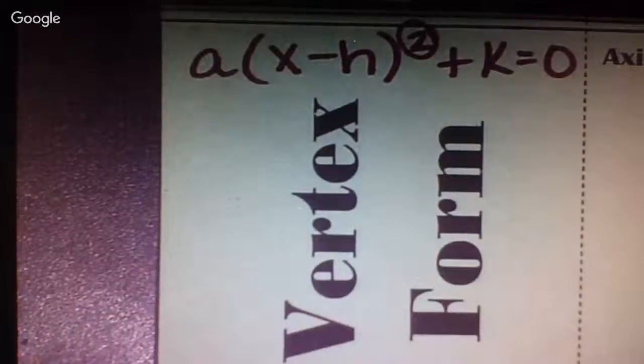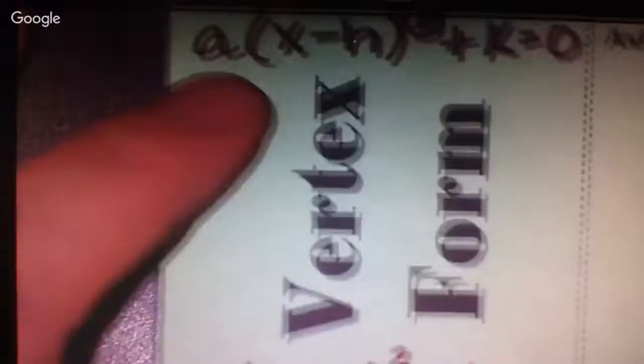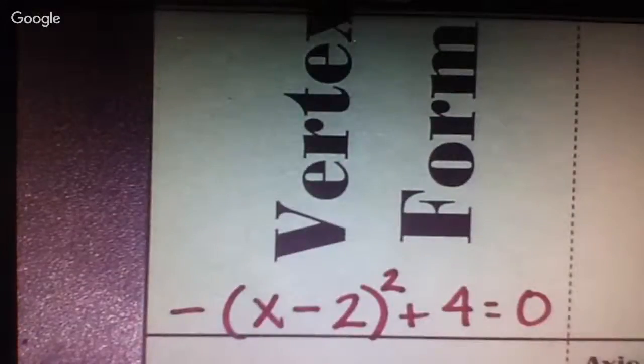It'll be fun. Okay, so we're going to use negative (x minus 2) squared plus 4 equals 0. That's what you're going to put into y equals. Again, clear out your calculator.